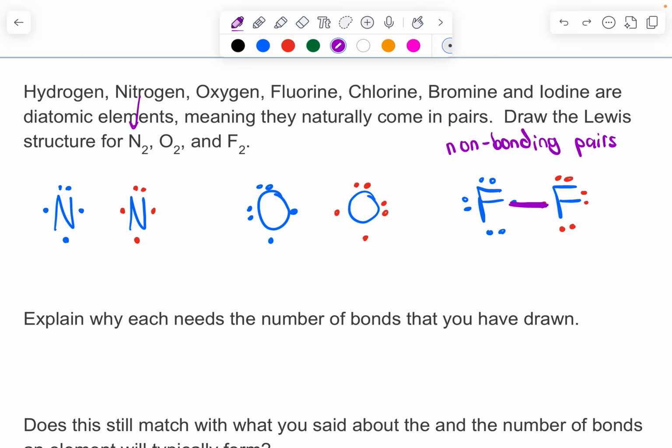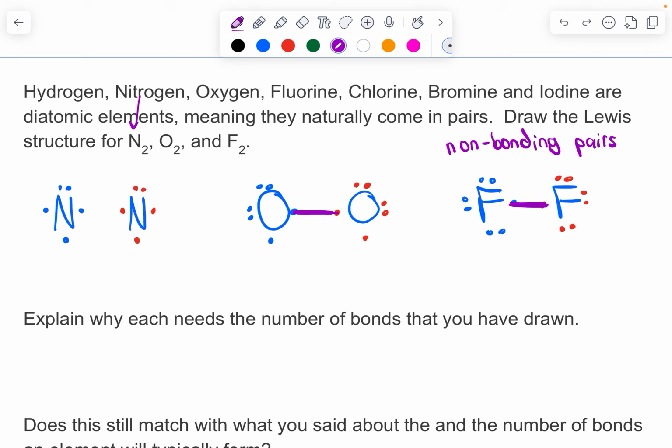And number 2, that still doesn't make their octet satisfied. They still only have 6 electrons, okay? So what'll happen is that we'll get a shared pair that doesn't satisfy the octet though, because right now, oxygen has 2, 4, 6, 7 electrons, so we can't be done.